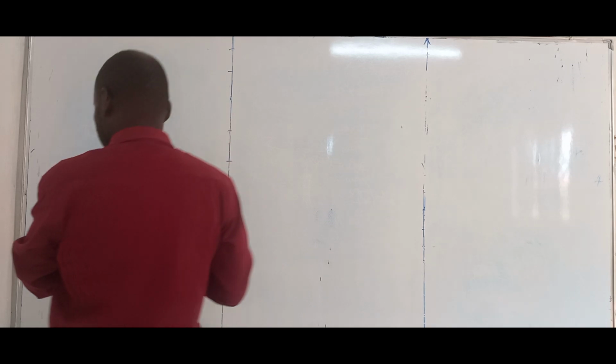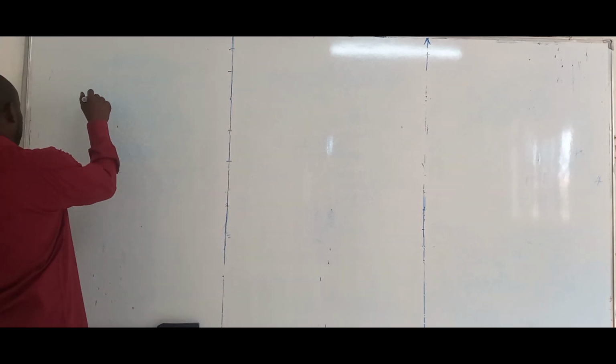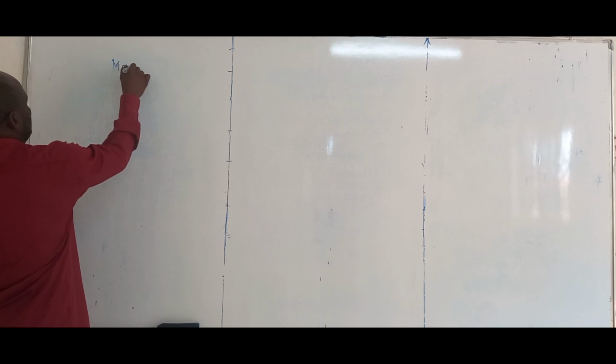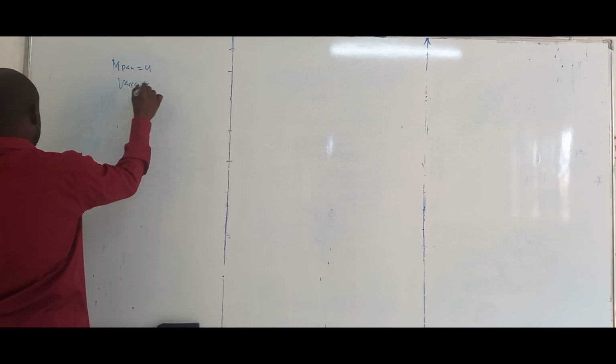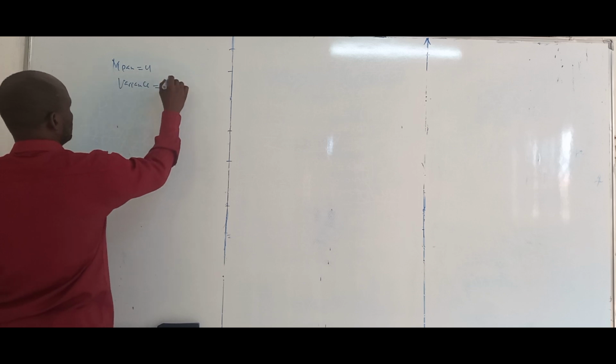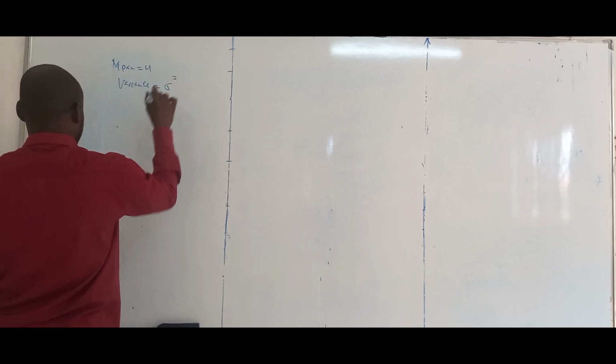We are given that the mean of a normal distribution is mu, and the variance is the standard deviation squared.